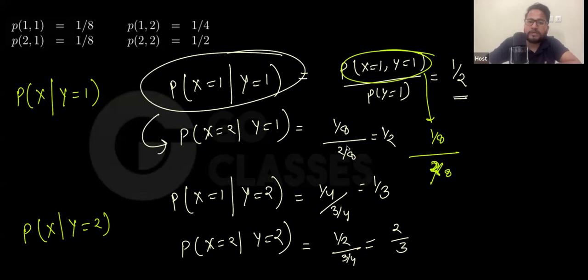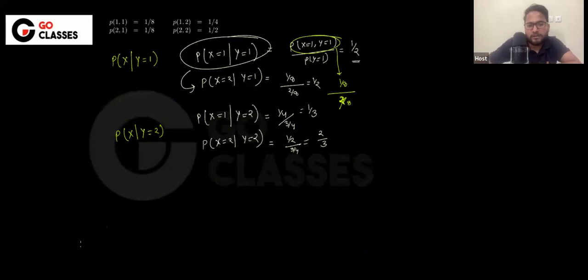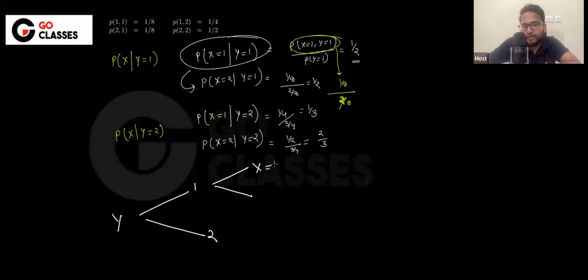Yes, right? Do you remember the tree diagram? Using the tree, you can visualize this. If you're conditioning, if you're saying y equal to 1, then y could be 1 or it could be 2. Given that y is 1, what is the probability that x is, so here x could be 1, x could be 2. So for both of these branches, the probability summation should be 1.